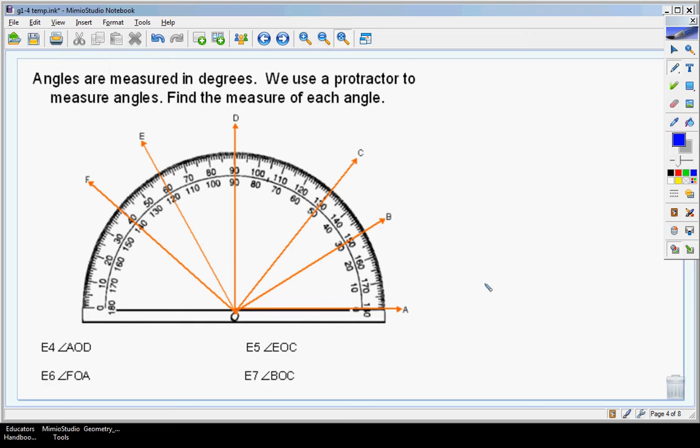Now, this is probably the biggest reason I copied them today, because I didn't think everybody would have a protractor. The truth of it is using a protractor is good practice, but when you go to take the EOC, are you going to use a handheld protractor? Where's it going to be?